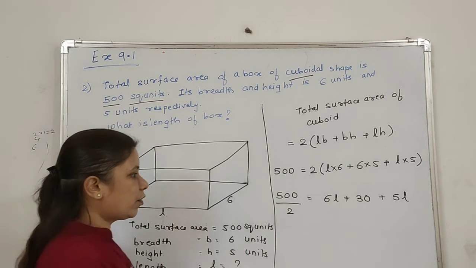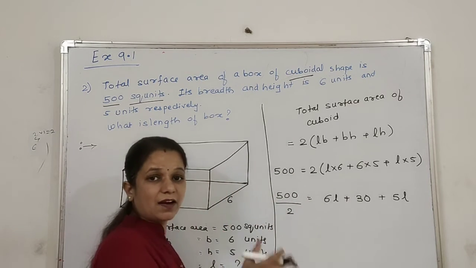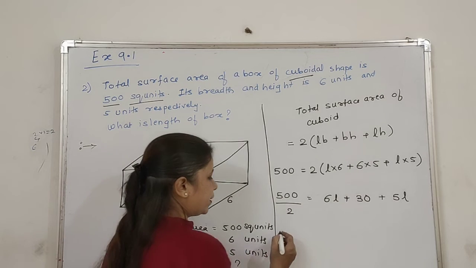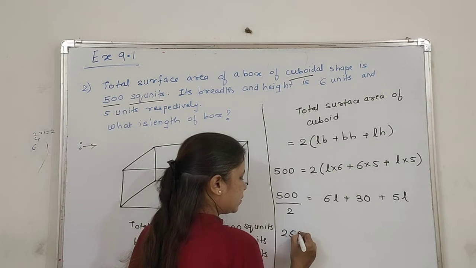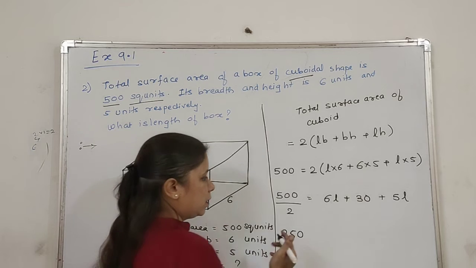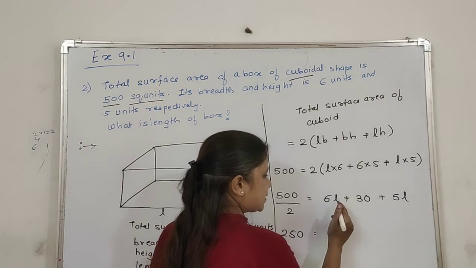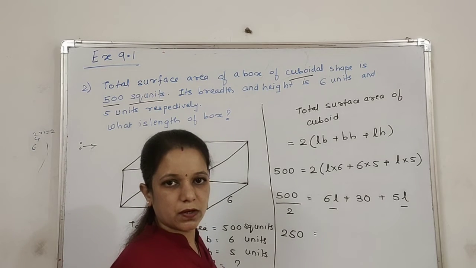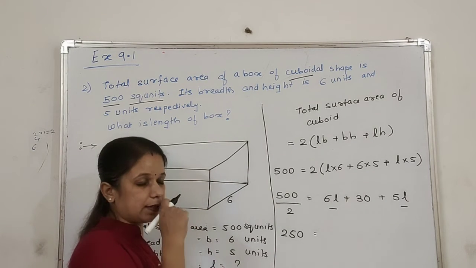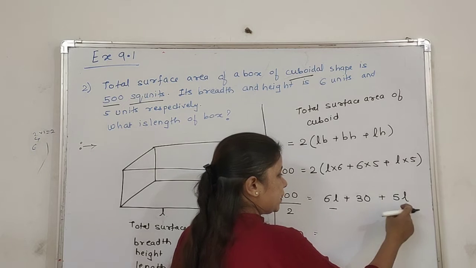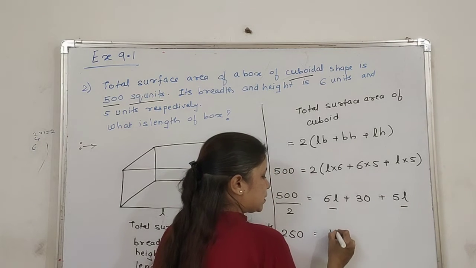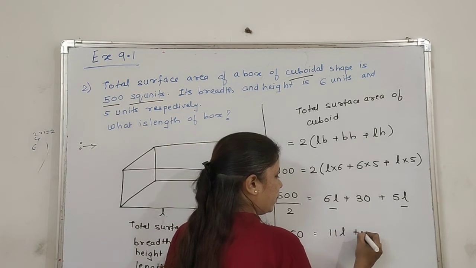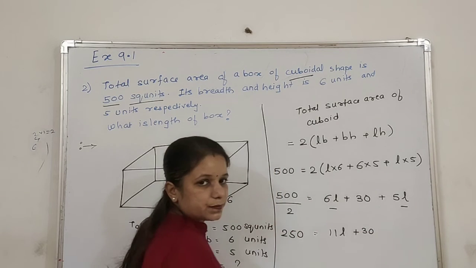Okay. Now 500 upon 2 means half of 500. Half of 500 is 250. Is equal to. Now 6L and 5L. These are similar quantities. We have studied it earlier also in 8th standard. Similar quantities and the addition. So it is 11L plus 30.